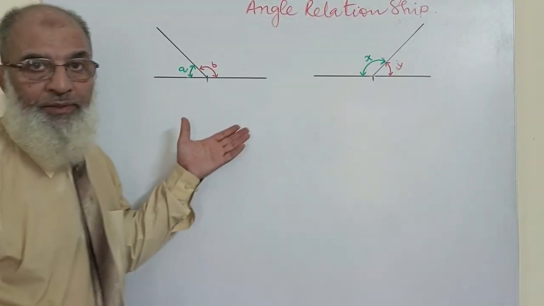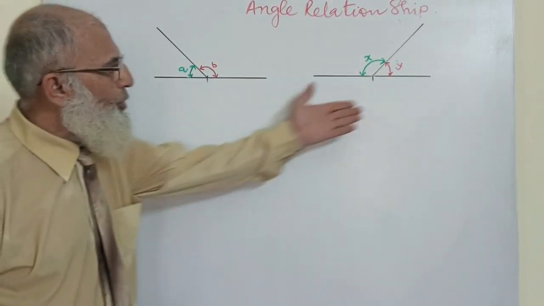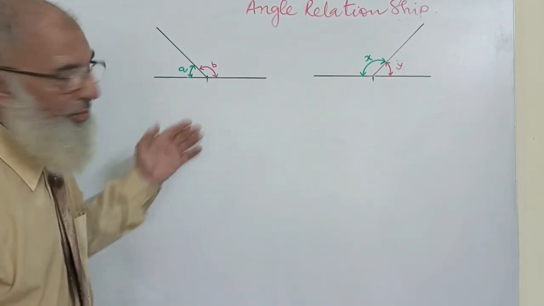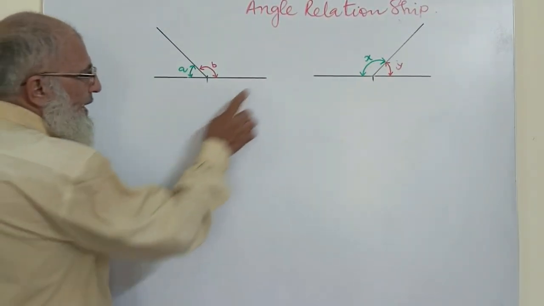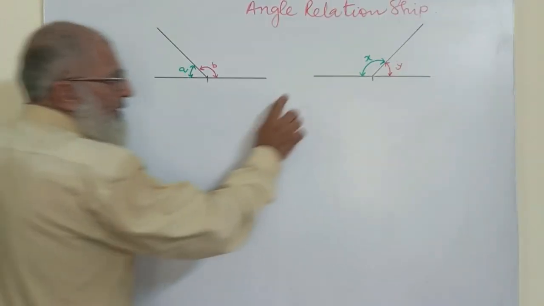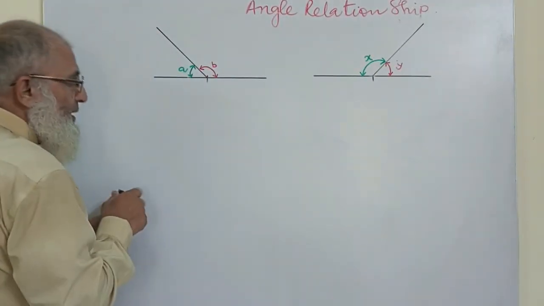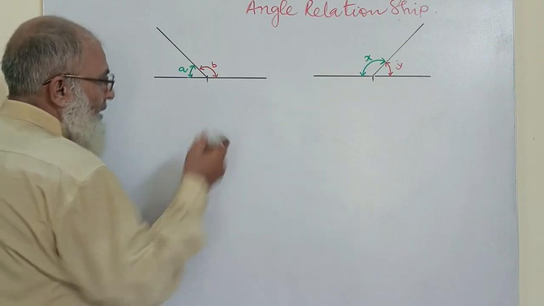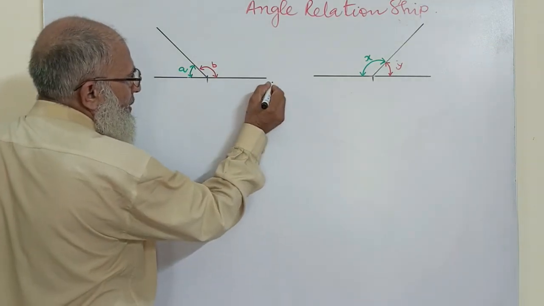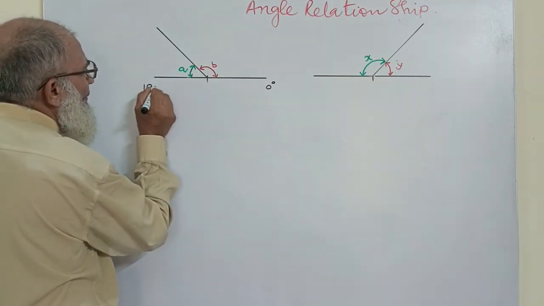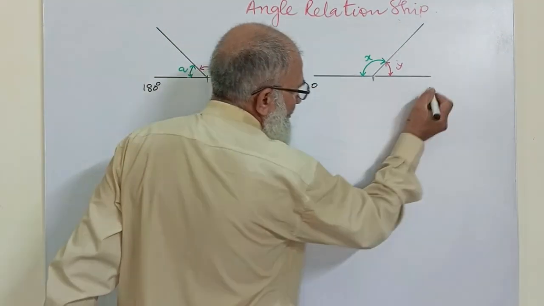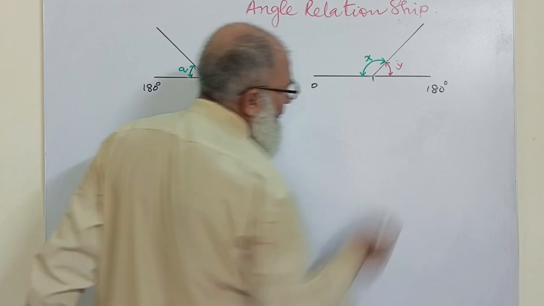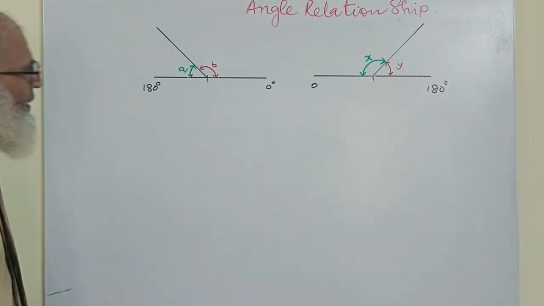Now dear students, again I have drawn two figures for you. When I say that this is a straight line, that means it is of 180 degree. Similarly here, this is 180 degree.